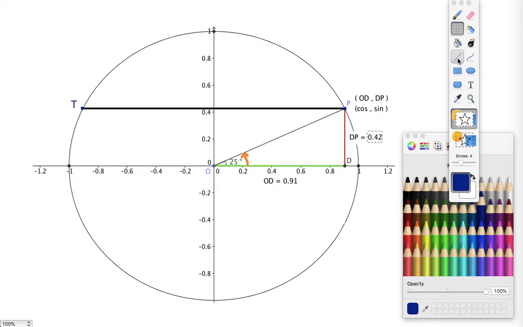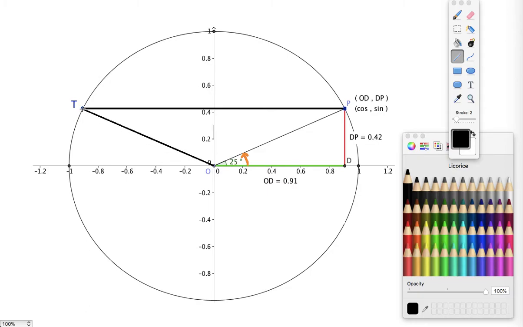Now the question here is, what is the angle of point T? If I drew a line from the middle to point T, how much is the angle from here to here? There are a couple of different ways to do this.